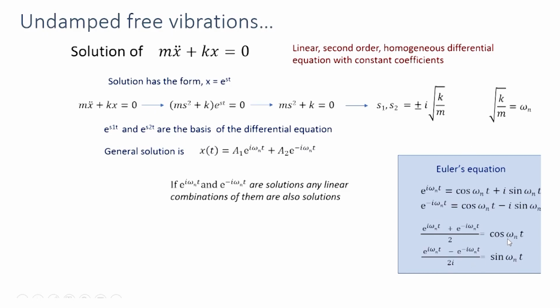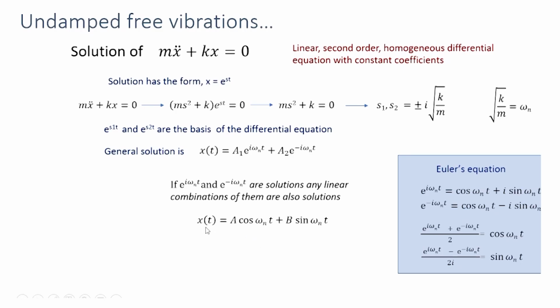These sine and cosine functions are linear combinations of e raised to i omega n t and e raised to minus i omega n t. Because of that, we can say that sin omega n t and cos omega n t are also solutions of our differential equation. So we can write the general solution in terms of sine and cosine functions.